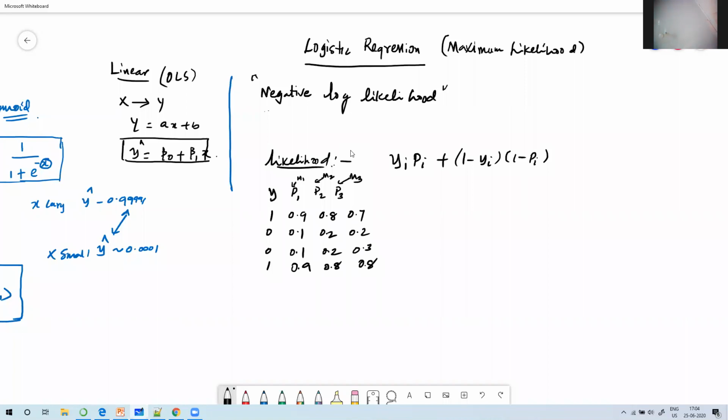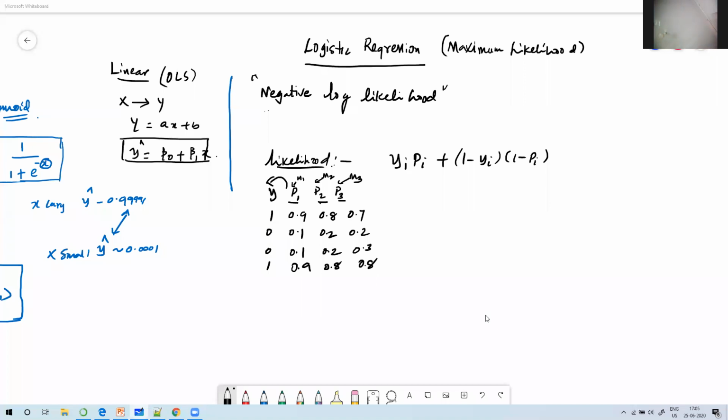Now out of P1, P2, P3, which one do you think is very close to y? I'll wait for the answer. Think of it. P1 is a set of probabilities. P2 is also a set of probabilities. P3 is also a set of probabilities. Out of P1, P2, P3, which one do you think is very, very close to your y?